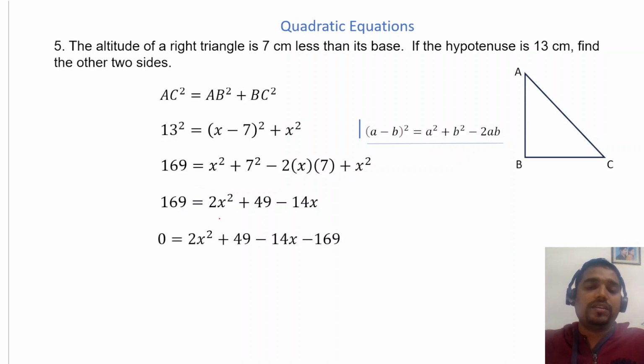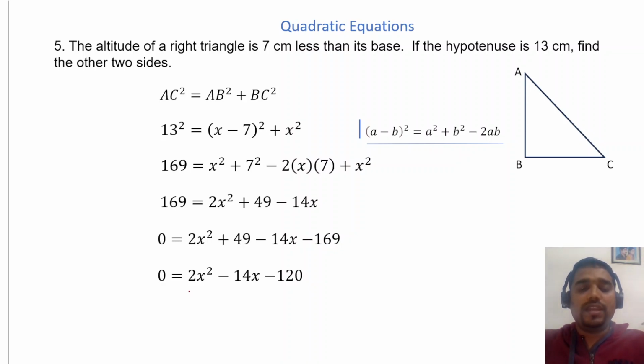The terms of RHS would remain as it is, that is 2x square plus 49 minus 14x, plus 169 upon transpose would become minus 169. Now to simplify, 2x square and minus 14x would remain as it is, whereas plus 49 and minus 169 would get simplified and we would get minus 120.